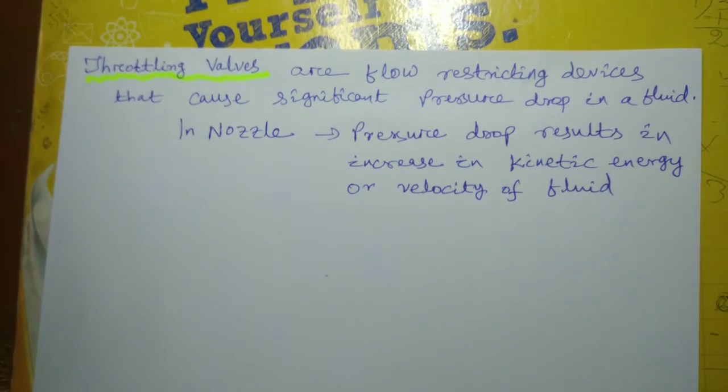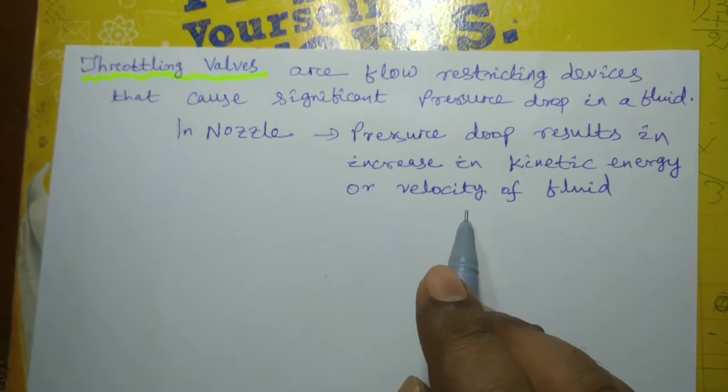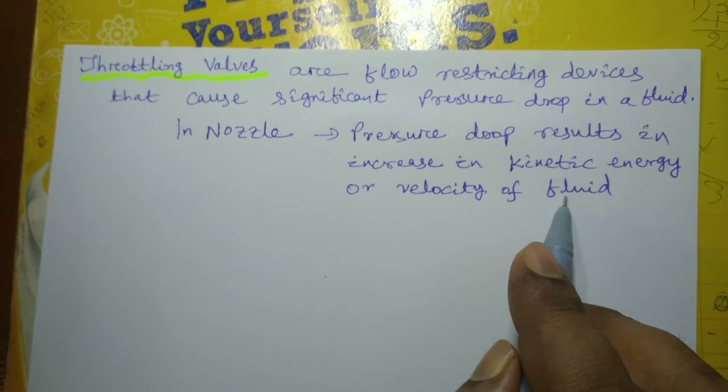We know that a nozzle is a device which increases the velocity of a fluid at the expense of the enthalpy of the fluid, and in this process there is also a decrease in the pressure of the fluid. So velocity increases and pressure decreases in a nozzle. So one form of energy is converted into another form.